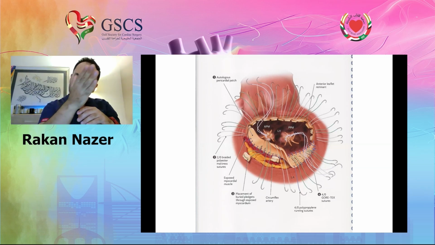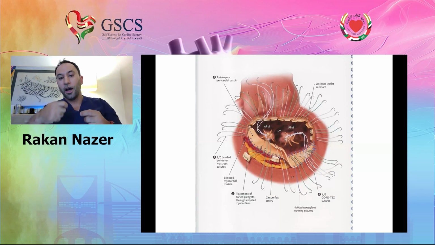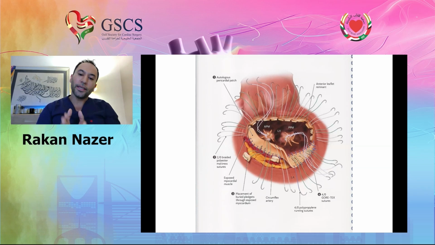So once the posterior suture line is done, then pledgets for anchoring the mitral valve prosthesis are inserted underneath the patch, making sure to take a lip of myocardium in the lower suture line. This will secure your pledgets under the patch. And the reason why you want to put your pledgets under direct vision under the patch is to avoid the left circumflex if you take them blindly, or you put your pledgets after sewing the patch and closing that defect.